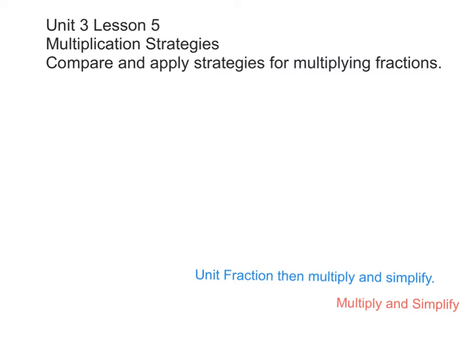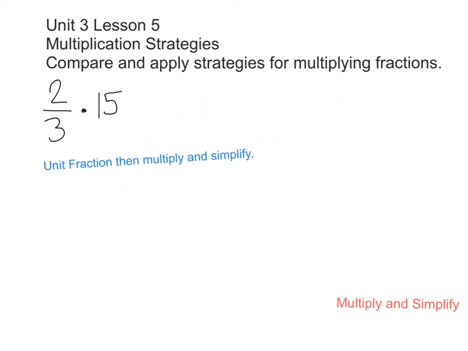So I want to start you off by looking at 2/3 times 15. The first strategy that we learned back in lesson 2 was find the unit fraction, then multiply and simplify. So what that looks like is first we find the unit fraction. So the unit fraction is 1/3 of 15.